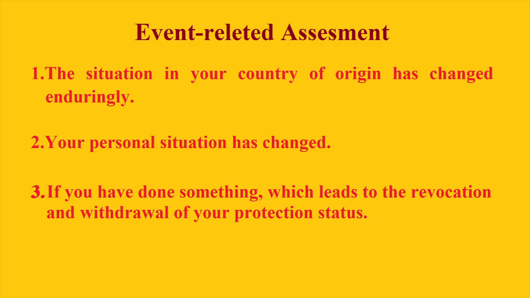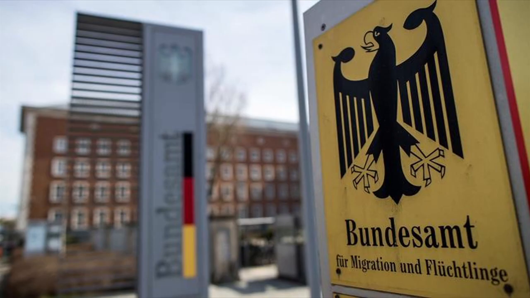Or in some other cases, such as if your asylum procedure has taken place in written form and you haven't had a personal hearing with the Federal Office for Migration and Refugees of Germany, or if you apply for a family asylum, which in German is called Familienasyl, for your family, or if you apply for a permanent residence permit or for German citizenship for yourself.